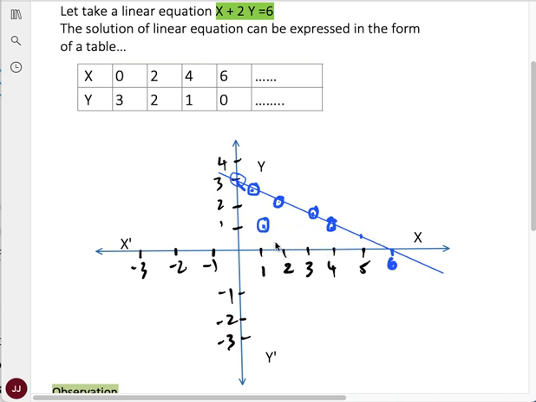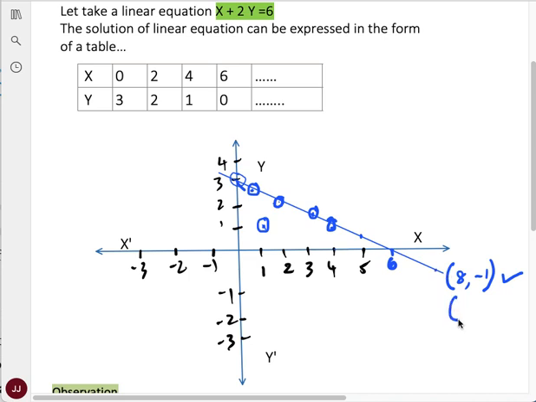Take another point like x value is 8 and y value is -1. Try this point. You will see that it will satisfy the equation and it will be lying on the same line.